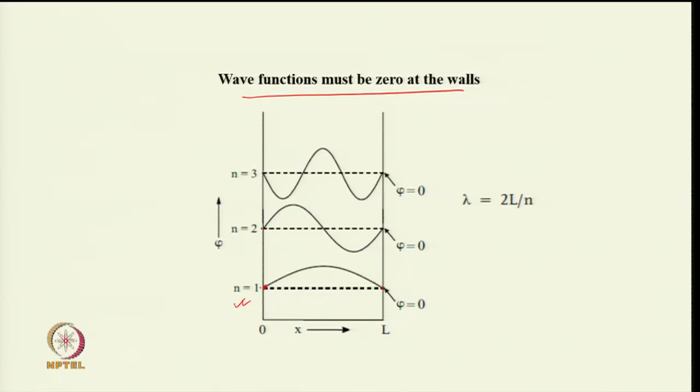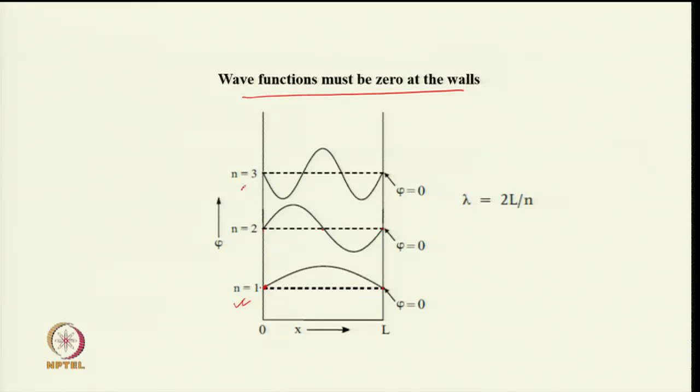Now, the second one: you start here, you go down to 0, you go back, and it ends up at 0 at x equal to L. This has to be like this because the particle behaves as a wave.